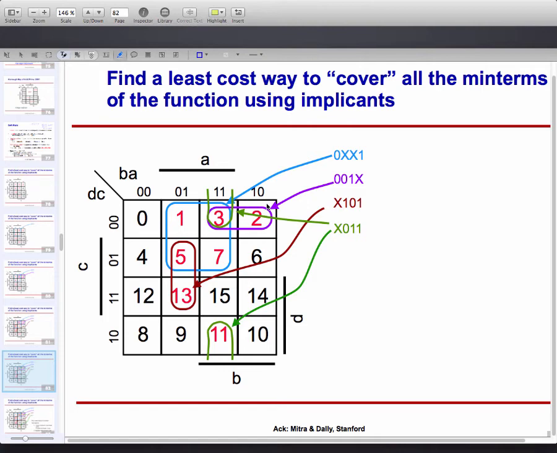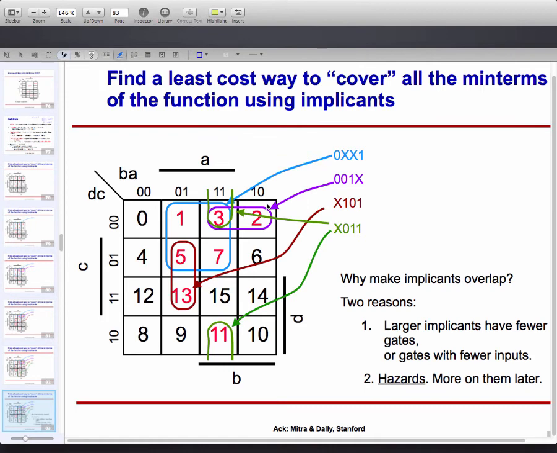Okay, I have another example we'll go through later, or if I don't get to it, then the TAs would. So the intuition is that we want to create large implicants because large implicants mean smaller gates, and we basically want to go after the essential prime implicants first.